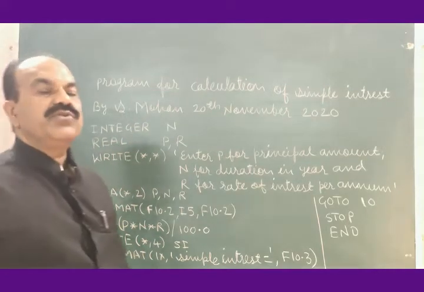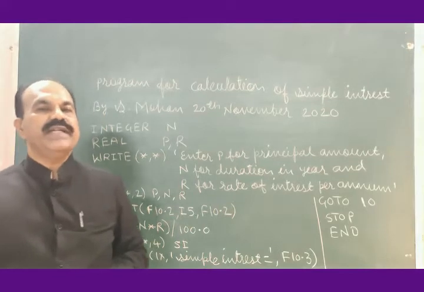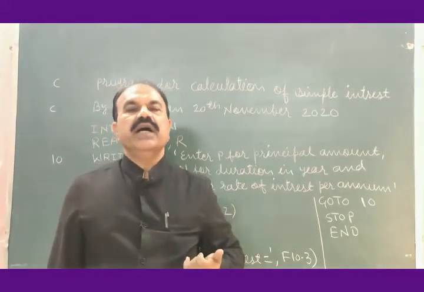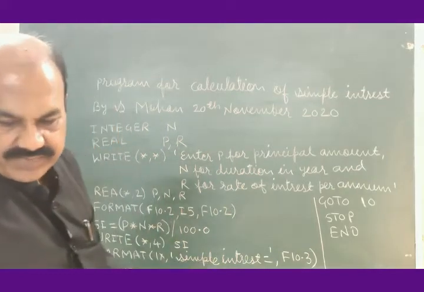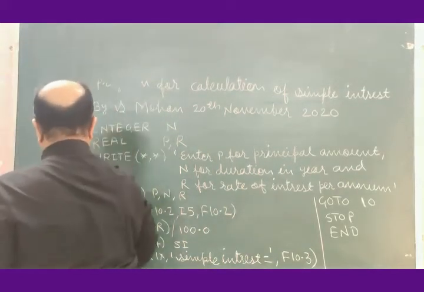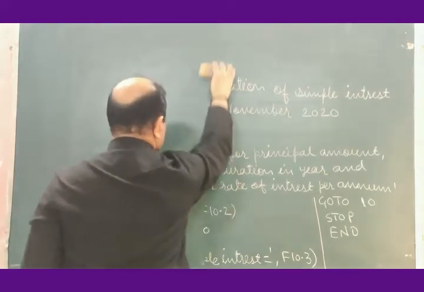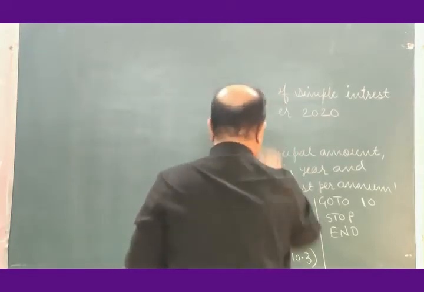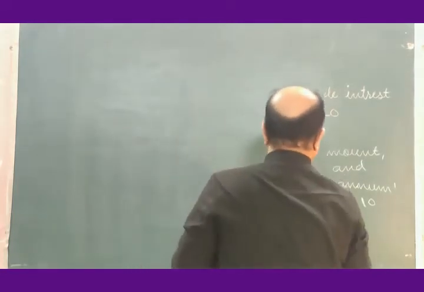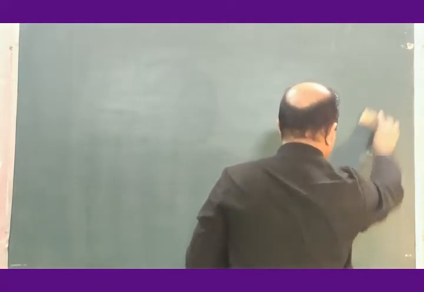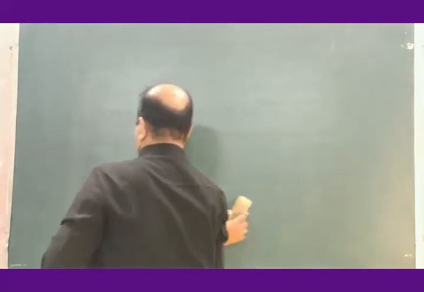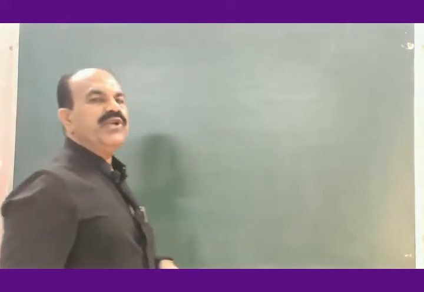After having known about the unconditional go to statement, the next article is the computed go to statement.